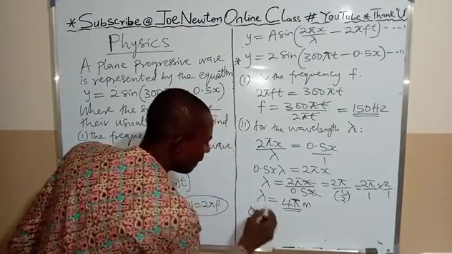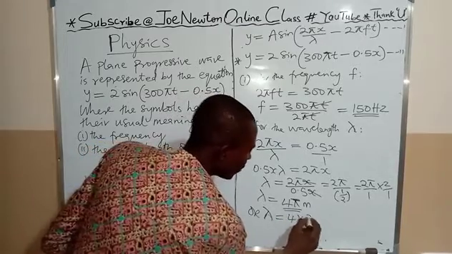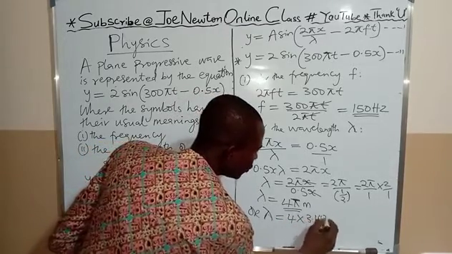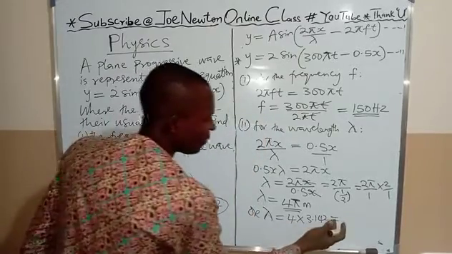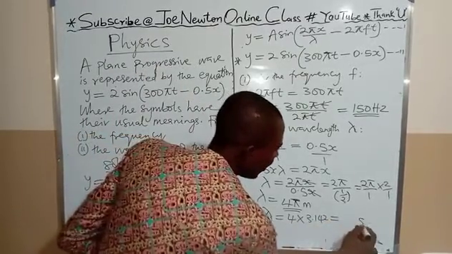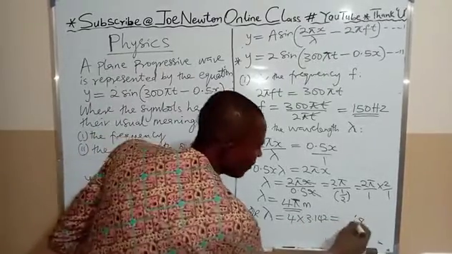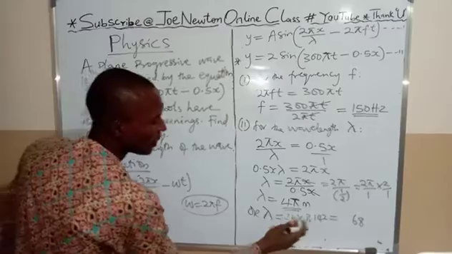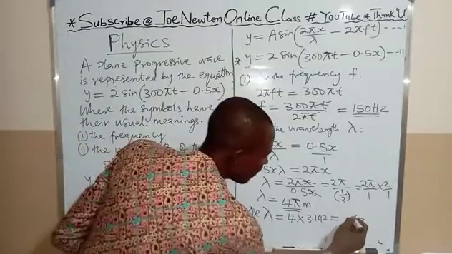lambda equals 4 times 3.142, which will give you 4 times 2, you have 8. 4 times 4, we have 16. You write 6, carry 1. 4 times 1, you have 4 plus 1, 5.